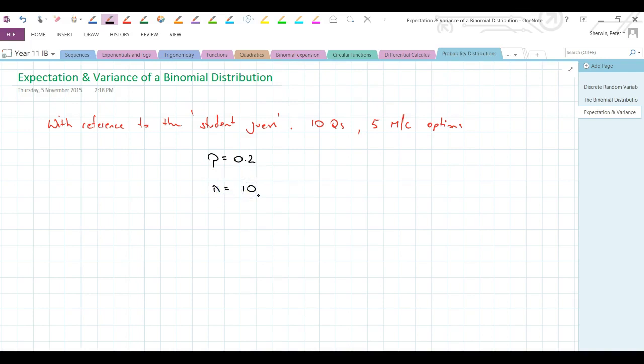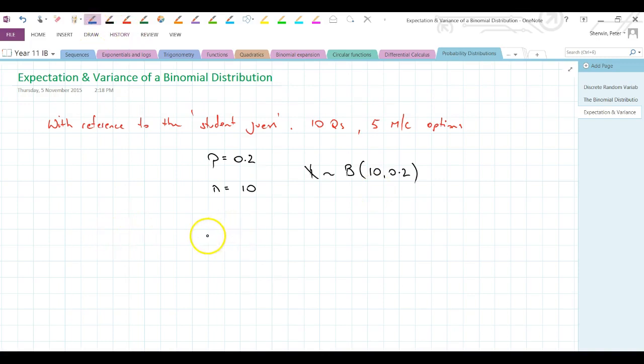It is a binomial situation because there are only 2 outcomes, they are independent of each other, and there are a limited number of trials. So if this is random variable x, it's binomially distributed with 10 trials and a 0.2 probability of success.